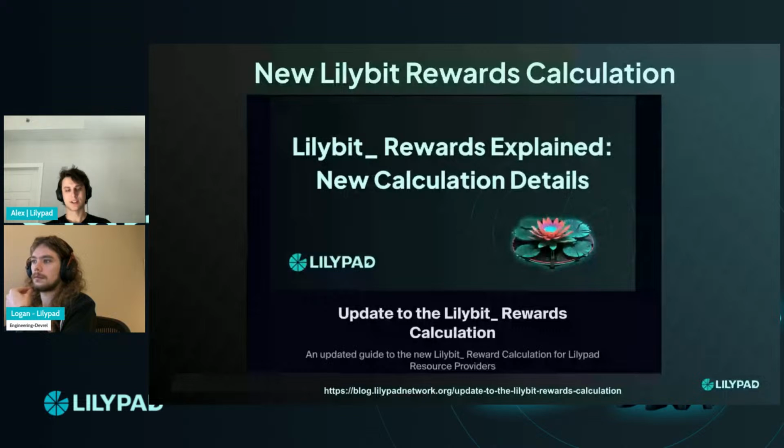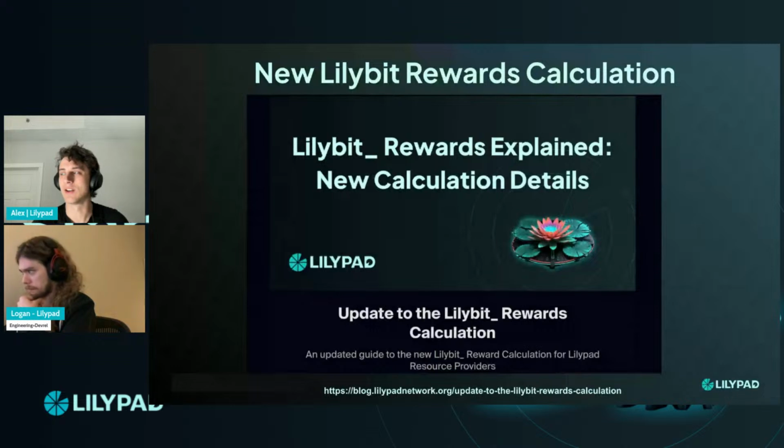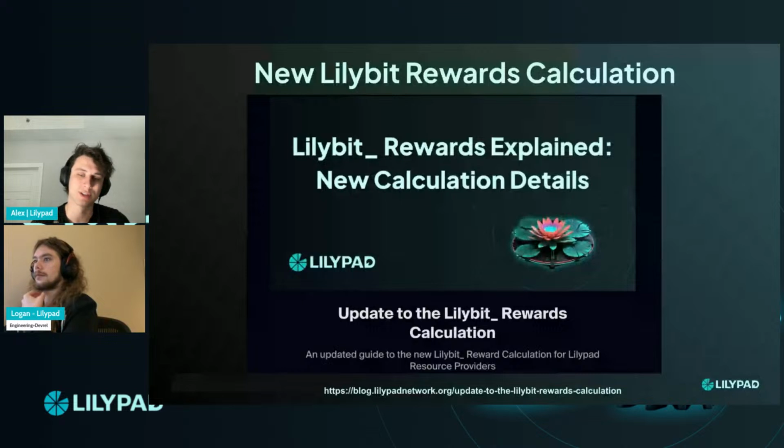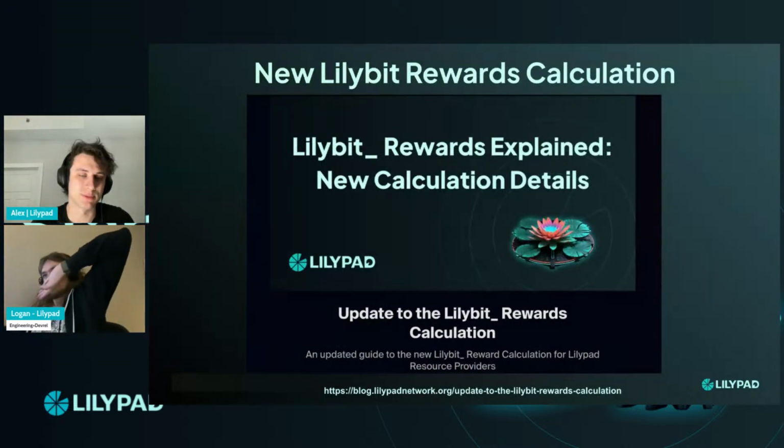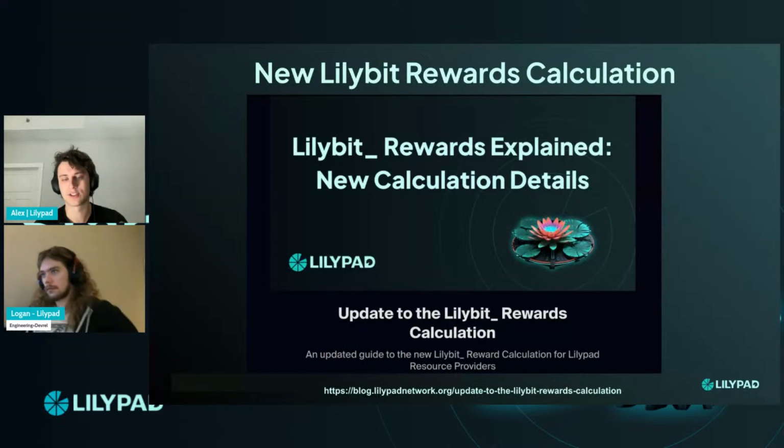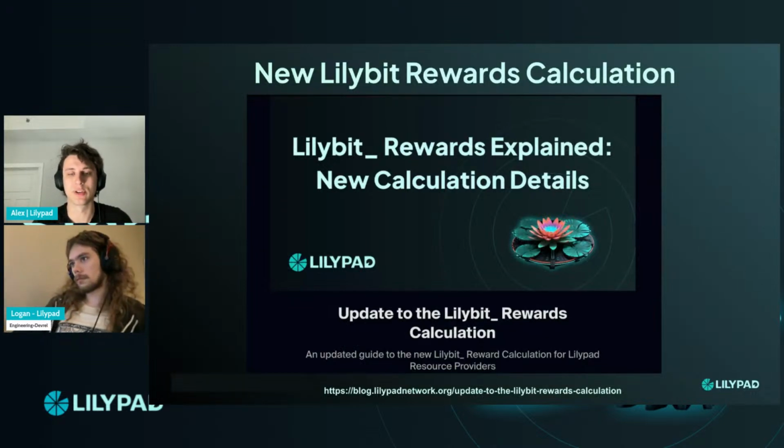And so yesterday, with the new update, the 2.9.0 update, we pushed the new rewards calculation where all GPUs are reporting their card details to us. So they're telling us the card type, VRAM, CUDA cores, tensor cores, and those three things, VRAM, CUDA cores, and tensor cores, are now factored into the rewards calculation and essentially multiplied by the daily rewards multiplier, to then determine the number of Lilybits that you would earn on a daily basis.